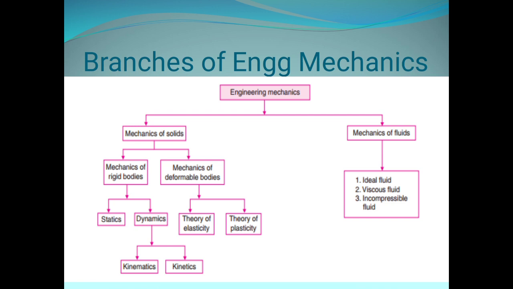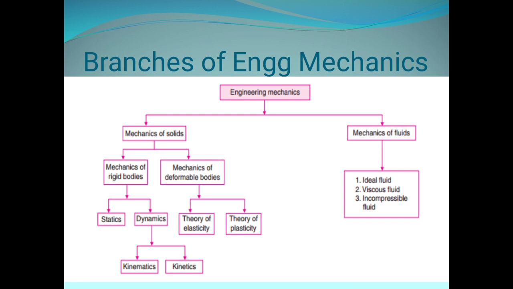First one is statics and the second one is dynamics. And in case of dynamics, it is divided into two types, that one is kinematics and kinetics. So statics means study of the bodies in the state of rest condition, and dynamics means study of the bodies under the motion. And mechanics of deformable bodies is classified into two types.